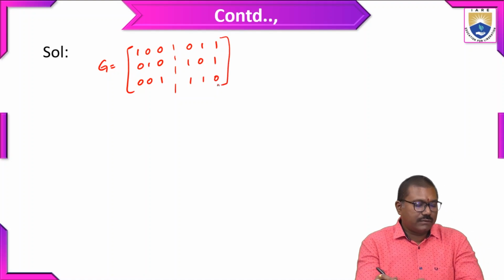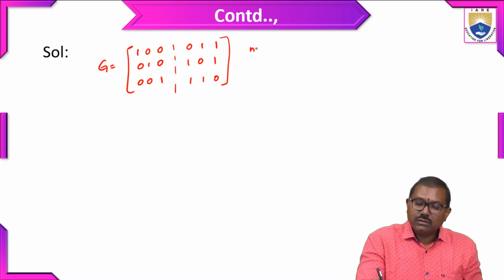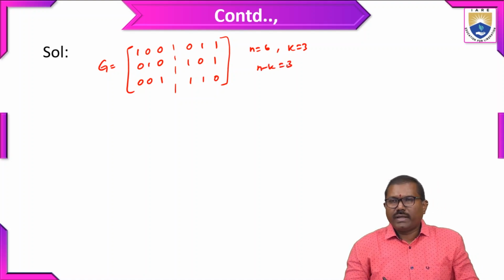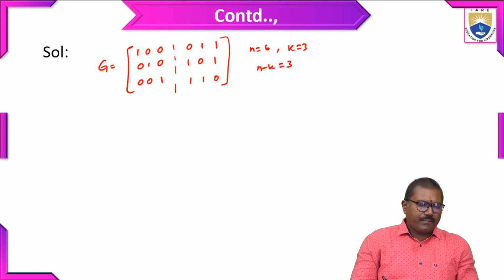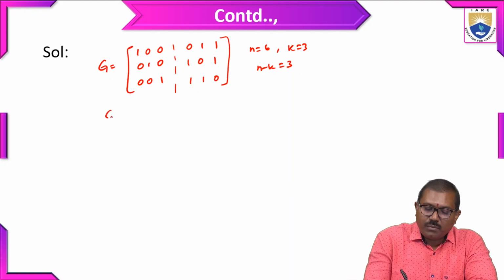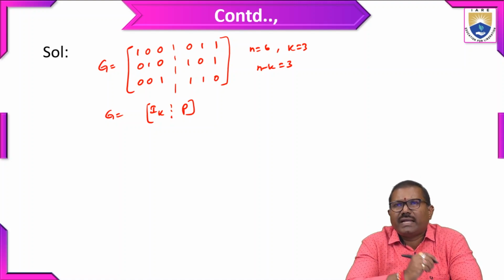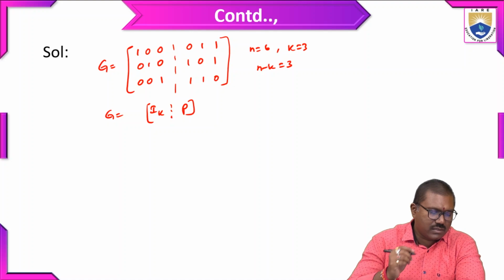So this is my Z. N is 6, K equals 3, so N minus K is 3. Why? N minus K is the parity bits, so N minus K parity bits are going to be added. So what is the form of G? I_k augmented with P. The left hand side is the identity matrix and the right hand side is the coefficient matrix.